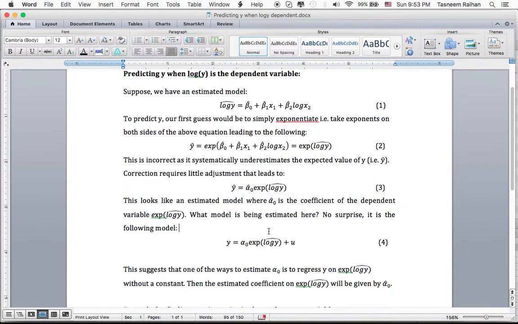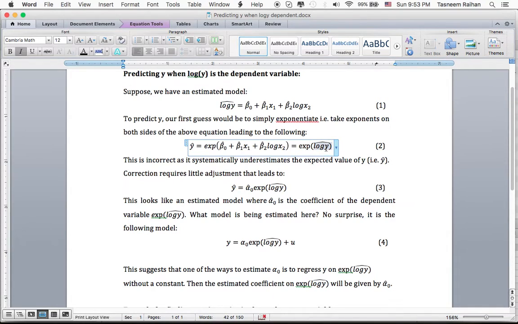So let's just go over this one more time quickly. All that we're doing here is we have the model that we estimated before, but this is in log y hat. We want to predict y hat. To do that, our first guess would be to exponentiate both sides, but that would lead to systematic underestimation. We'd be left with y hat equals exponent of log y hat.